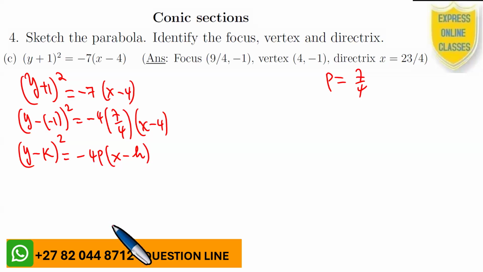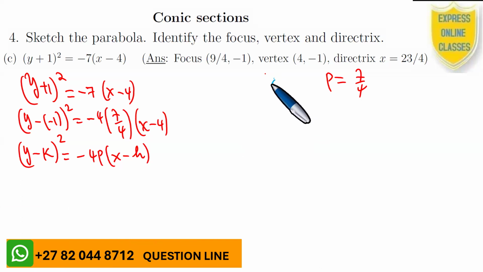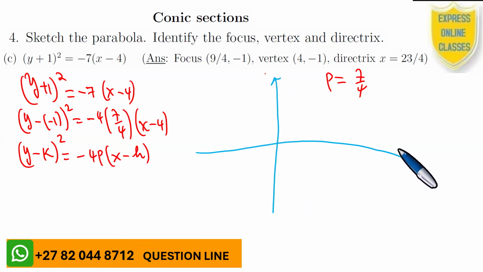Okay, so we continue then, and we're going to have this. So let us sketch this graph here. So sketching this graph, you need to look at the following.